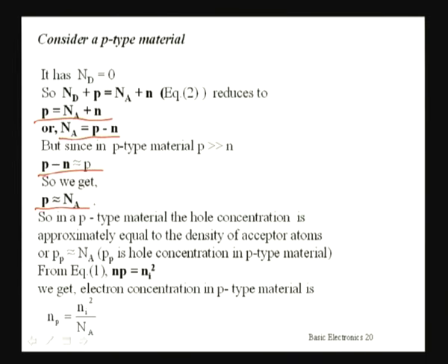In a p-type material, hole concentration is approximately equal to the density of acceptor atoms, so Pp is almost equal to Na. Similarly, from equation 1, the mass action law, we can find the concentration of electrons in a p-type material. Substituting p with Na in Np is equal to Ni square, I get n equal to Ni square by Na.